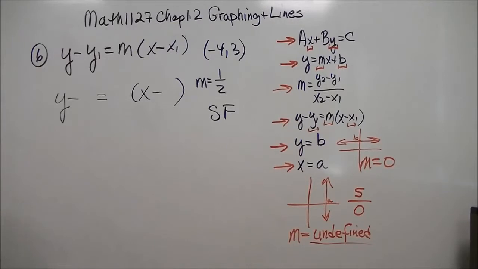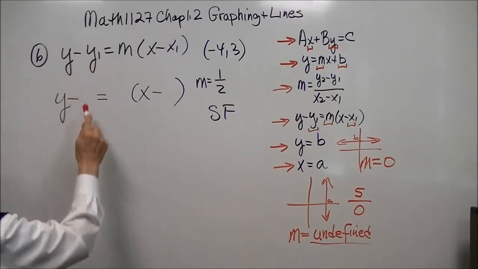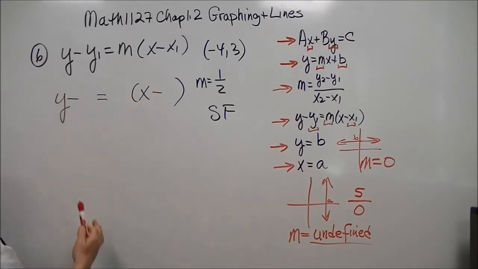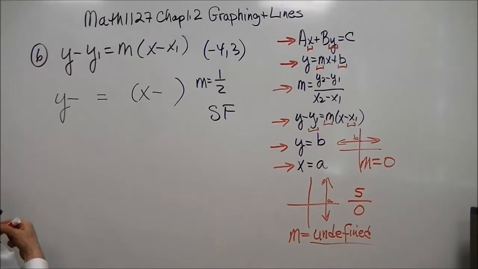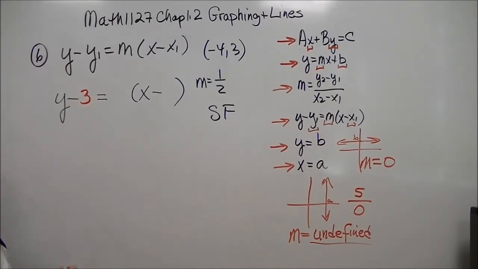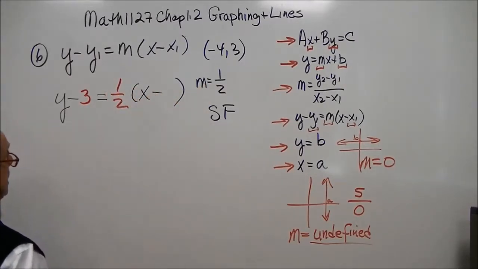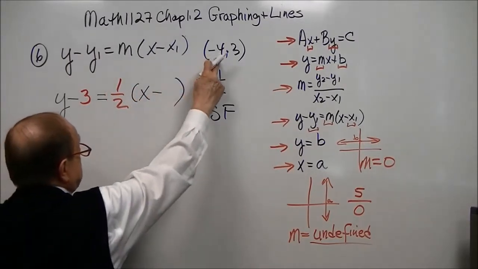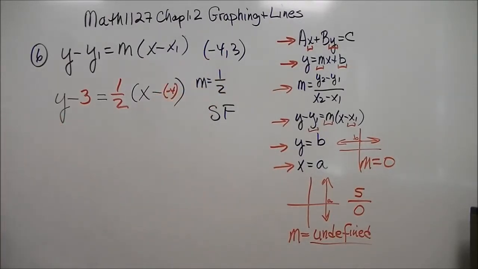Now what I'm going to do is put the y coordinate that I know right there. The rest of it is formula. So it's 3. And my slope is 1/2. And my x coordinate is a -4. Now notice I use parentheses, because what will that become?